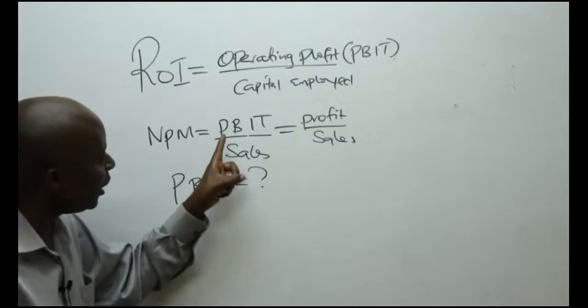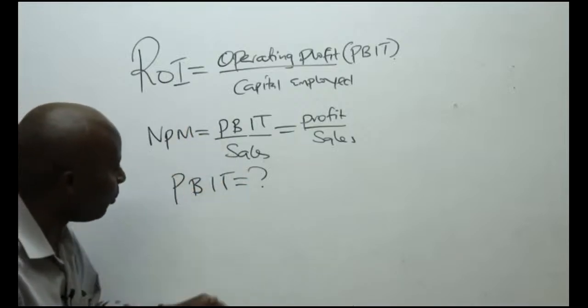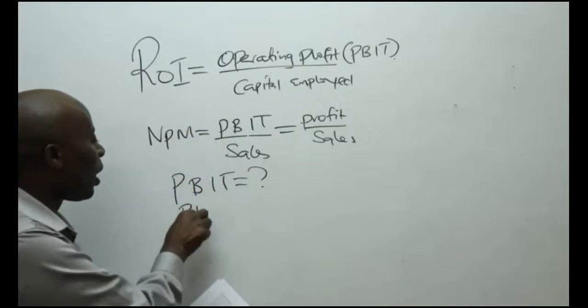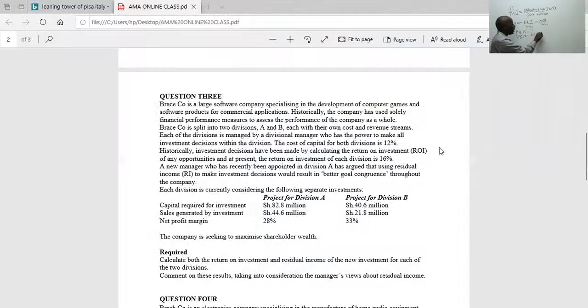If you do that, PBIT is equal to the net profit margin times the sales. I want us to do that for the two divisions, division A and division B.